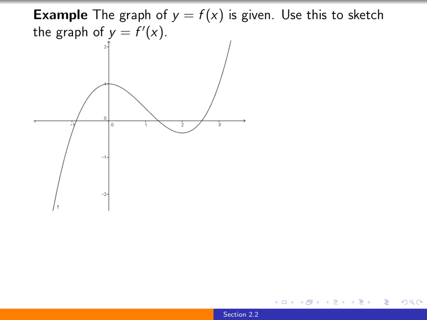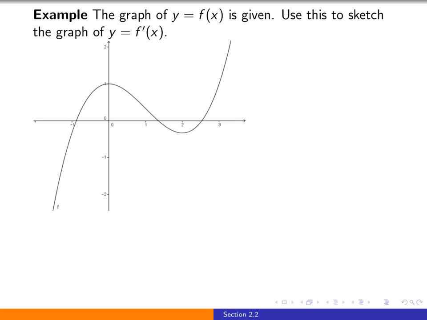In order to sketch the derivative, we're going to think about what happens at a few key points. The key interpretation of the derivative is that it is the slope of a tangent line at a point. So we are going to think about where the derivative will be 0, and the derivative will be 0 when the tangent line is horizontal, because remember, a horizontal line has 0 slope.